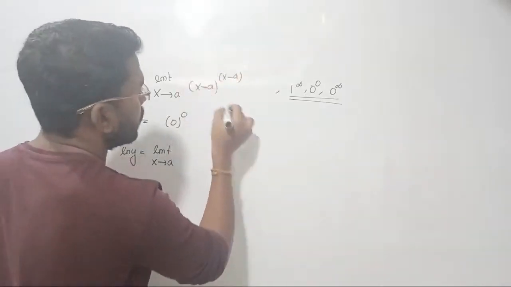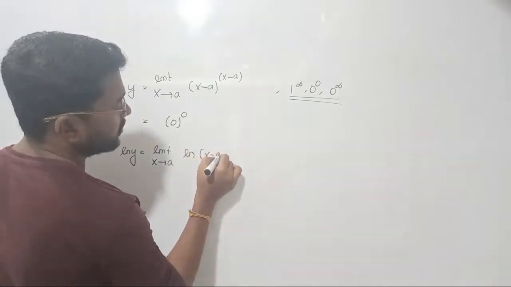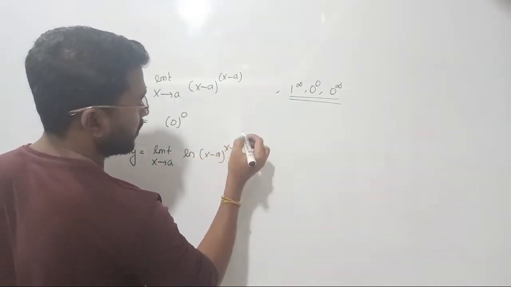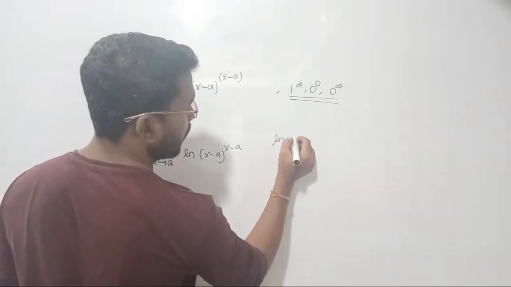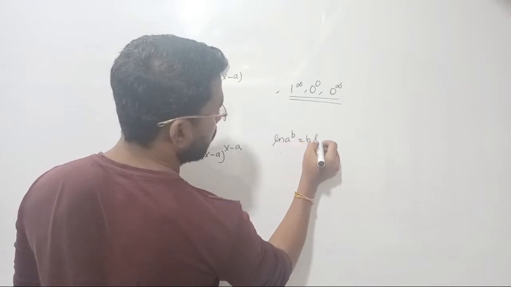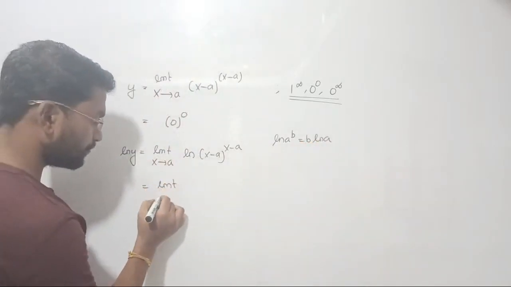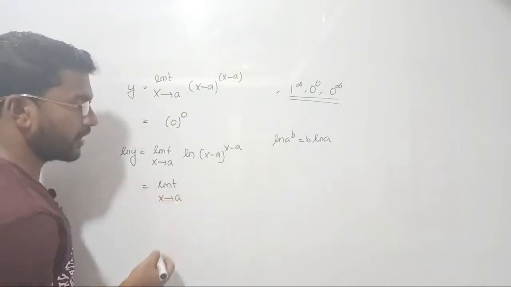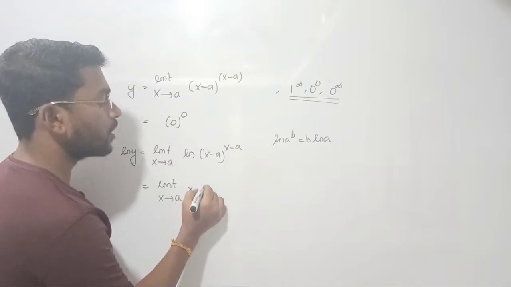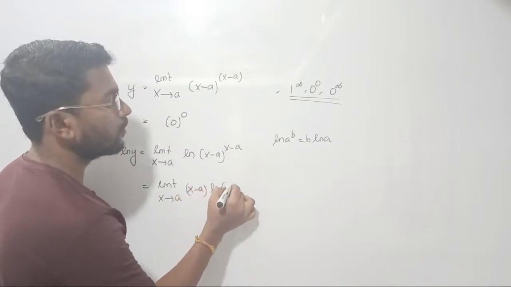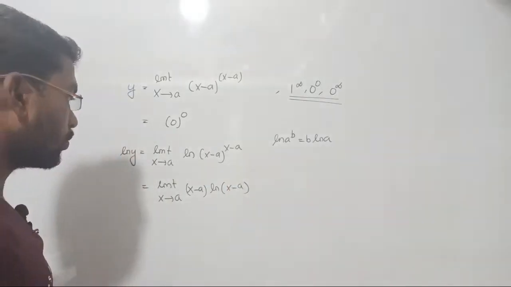If I take ln for this function, it will become ln of (x minus a) whole power (x minus a). Then you can reduce. We all know ln of a power b will become what? b into ln a. Yes, such that your limit is going to be limit x is approaching a of (x minus a) into ln of (x minus a). That is correct, right? Any mistakes? No, all are correct.